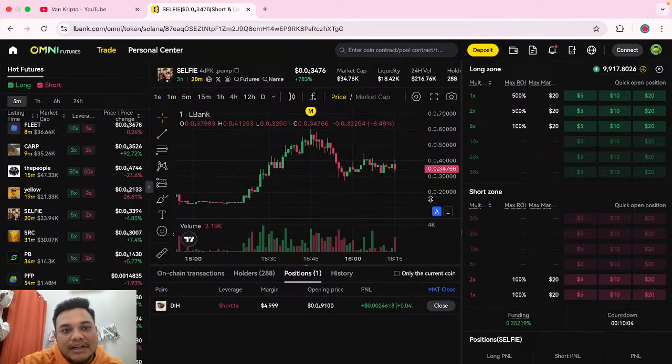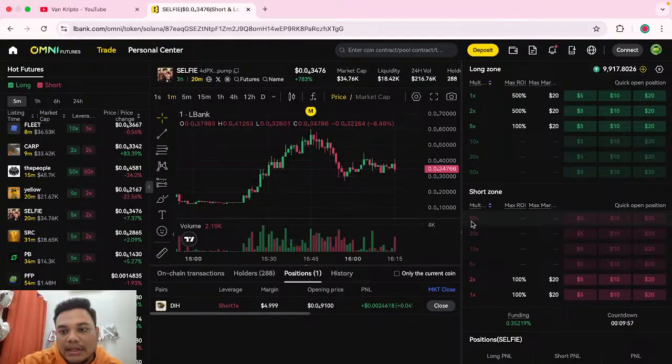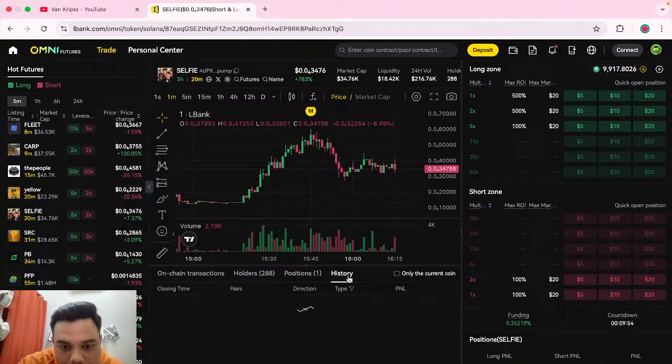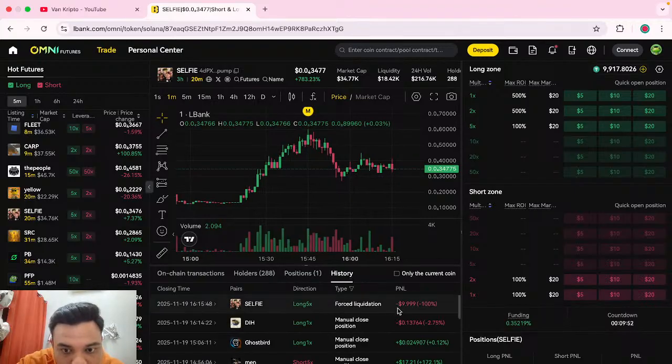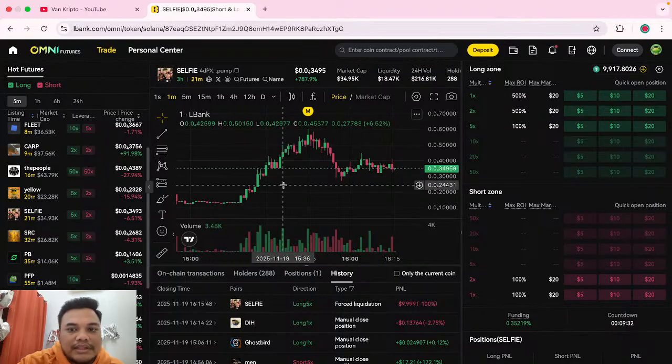So the selfie was told to force close the position because it's already shorting. It was bad, really bad. So 100%, my $10 was wiped out just now. But I like this coin because the chances are there, right? So maybe you can do another try.